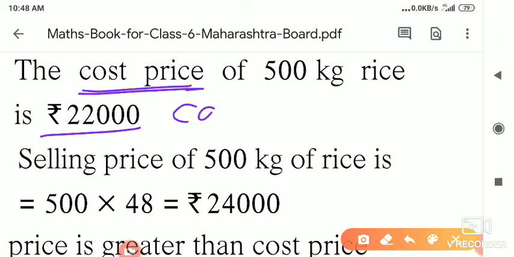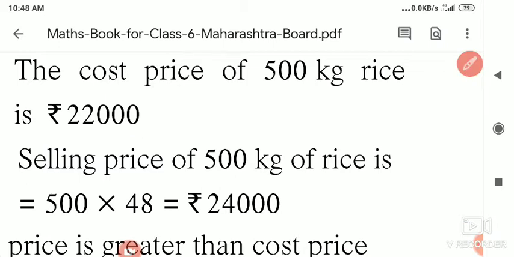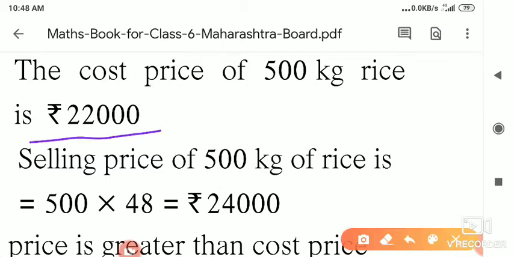So here it is written: cost price of 500 kg of rice is equal to 22,000. As I told you before, we have to find the selling price. The selling price of 500 kg of rice: Harbhajan Singh sold 1 kg of rice for 48 rupees per kg, but the total is 500 kg.